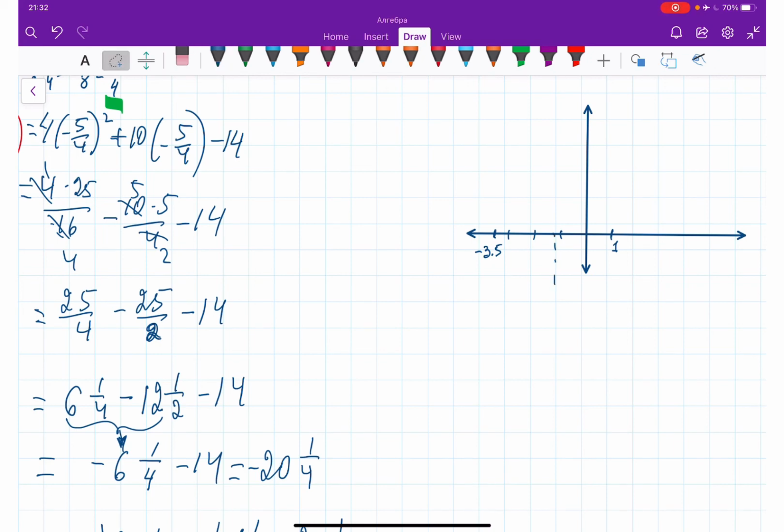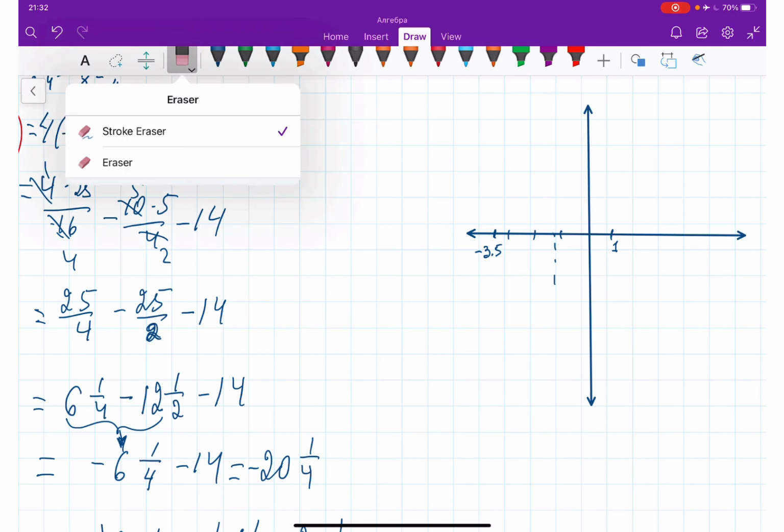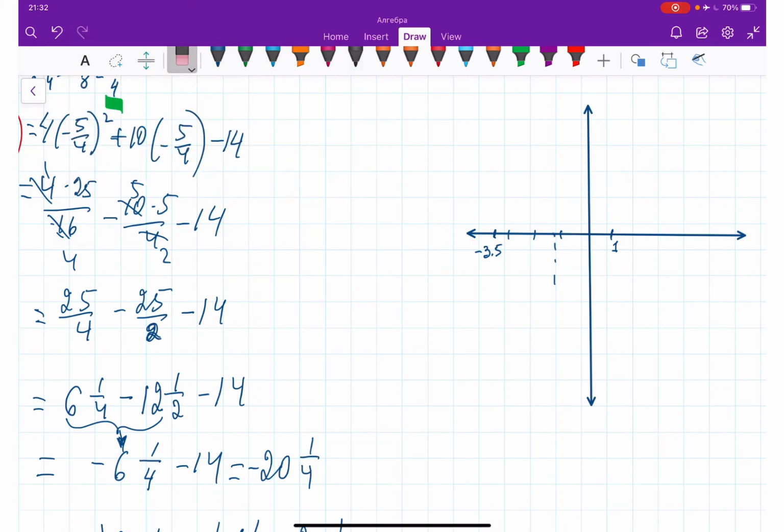And 20 is going to be God knows how far. So this is what we will do: I'll make a cut here. Okay, so this means we have a cut here, and here I'll put, let's say, our negative 20 and 1/4. So this is going to be our vertex.